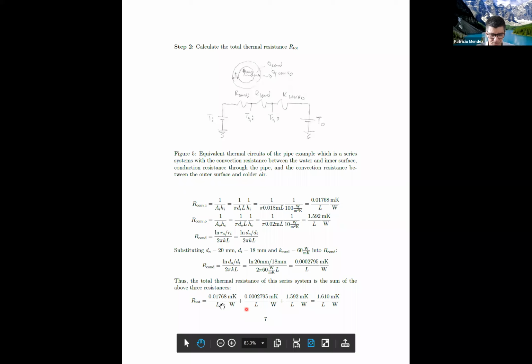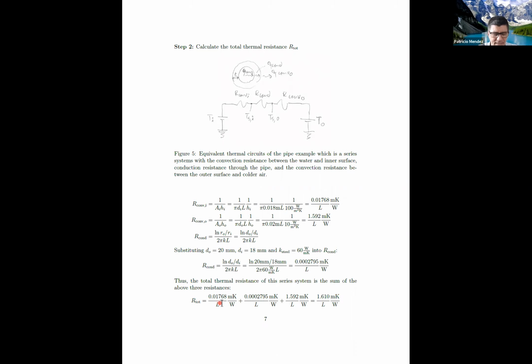Look at this here. We have the sum of inside, pipe, and outside. Does anything stand out to you? Look at this. This is 0.01 something. This is 0.000, I stopped caring. This is 1.6.